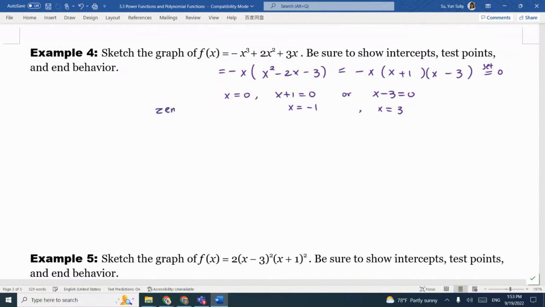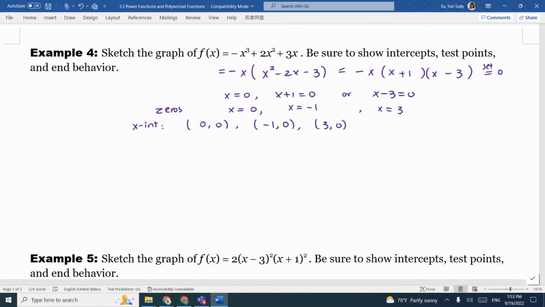So the zeros, or you say the roots, are x is 0, negative 1, and 3. How about the x-intercepts? Well, that will be (0, 0), (negative 1, 0), and (3, 0). So they are the x-intercepts.